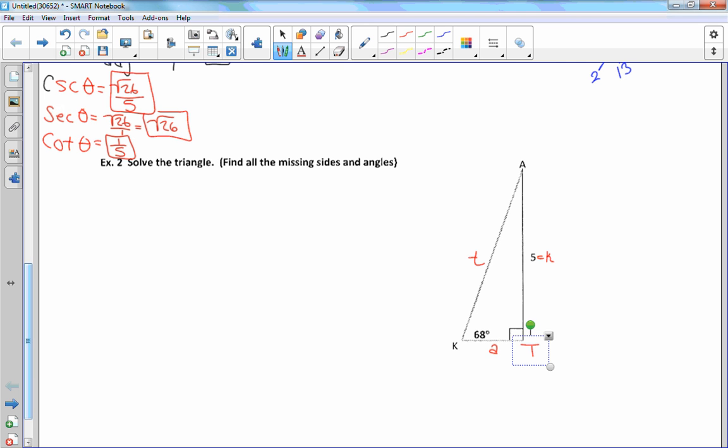Triangle angle sum. You take 180. We know we have a 90 degree angle, so we need to just subtract the 68 from 90, and you get the missing angle of 22 degrees. So fill that in. The measure of angle A is 22 degrees.